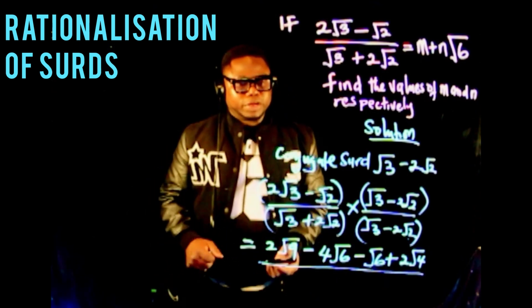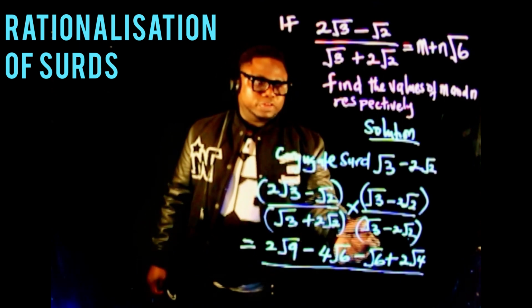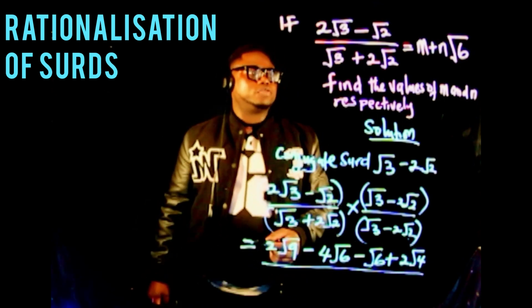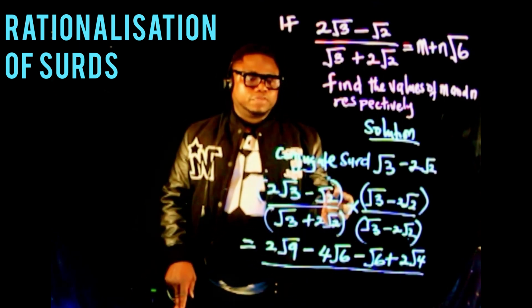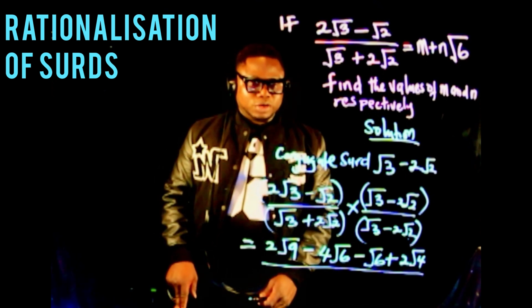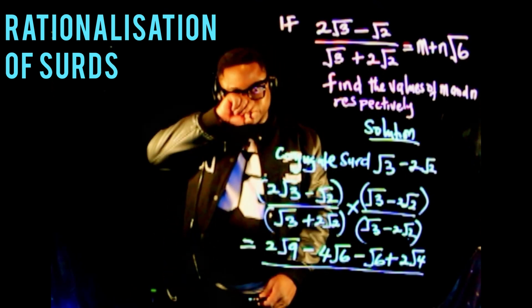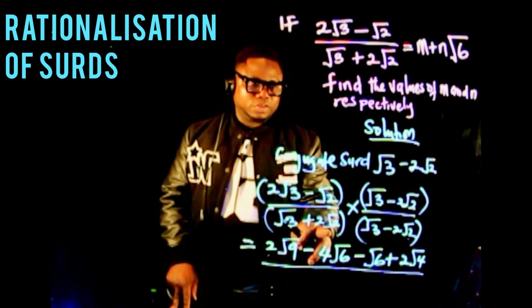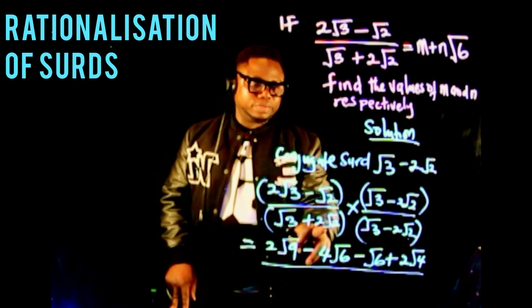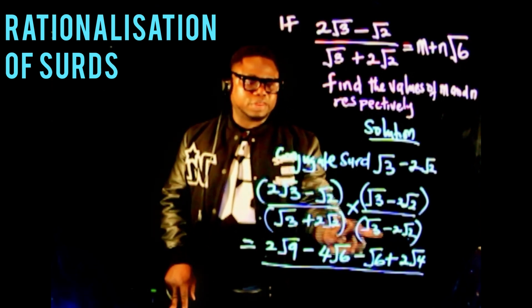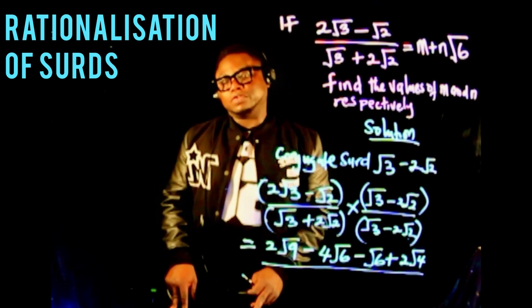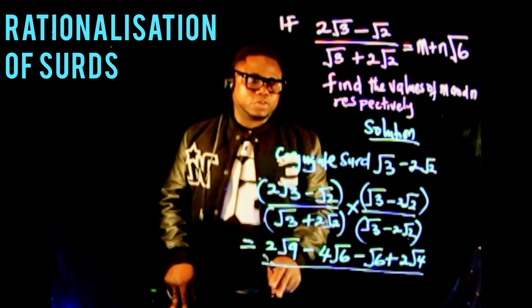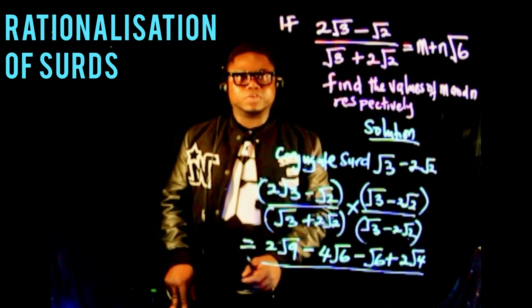So the denominator here, I'm going to do the same, but I have to use the difference of two squares. The difference of two squares is the product of the sum of the numbers and their difference. You can see this and this are the same, the only difference is the sign. So you're multiplying the two, the product of their sum and their difference.